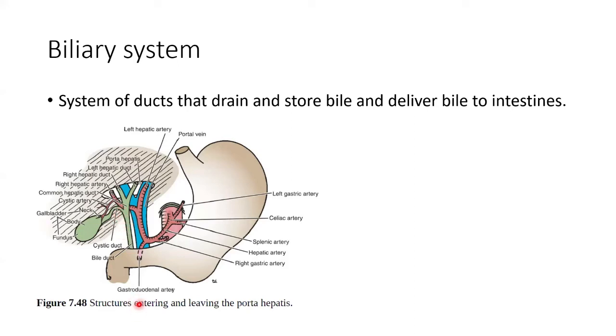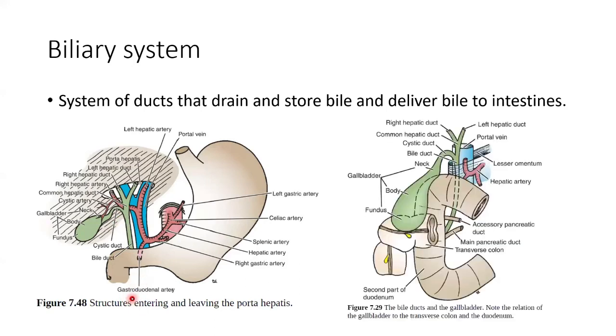So usually the bile duct travels in the free margin of the lesser omentum, as we saw earlier. The bile duct can be divided into three parts.